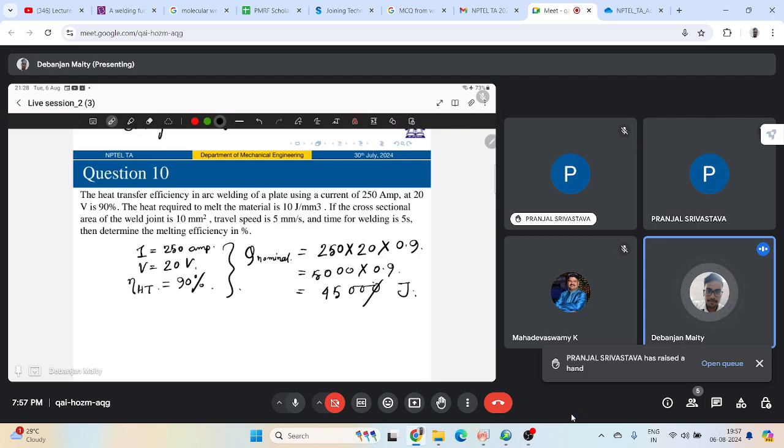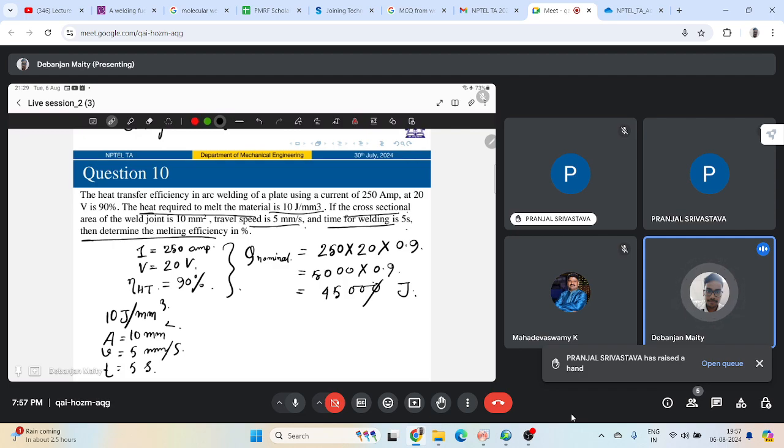Then I say that heat required to melt the material is 10 joule per mm cube. My cross-sectional area of the weld joint is 10 mm square. Travel speed is 5 mm per second. Time for welding is 5 seconds.